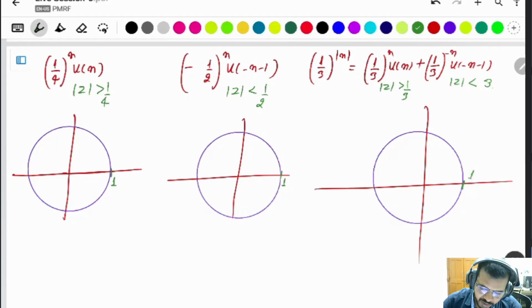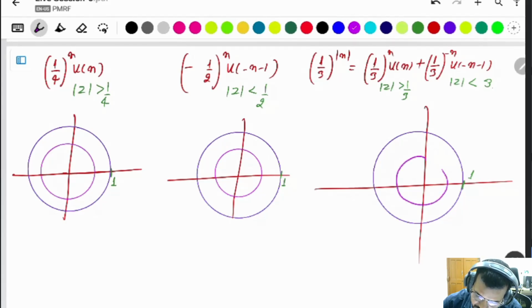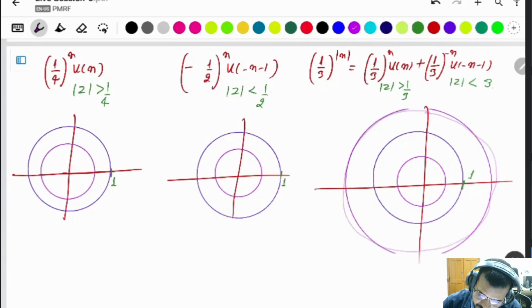Then where is 1/4? Less than 1, it means this one. In the same way, 1/2 is less than 1. In this case, 1/3 is less than 1, and the other is 3, which is greater than 1. This one will be 1/4, this one will be 1/2, the radius of the circle. This is 1/3.